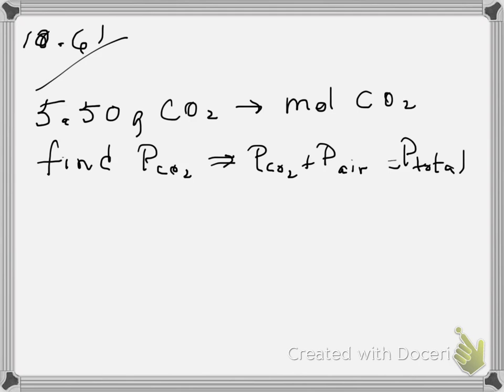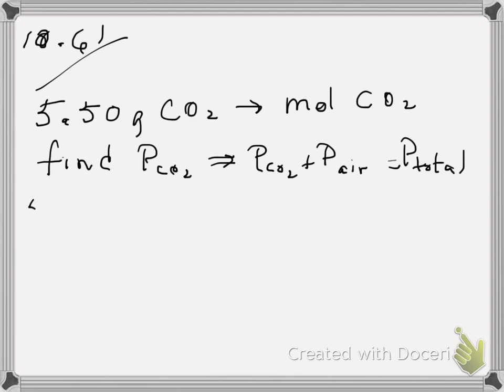So the plan here is you're going to have to change the grams of carbon dioxide to moles of carbon dioxide. And then remember that you have to find the pressure of CO2 first, and that the pressure of CO2 plus the pressure of the air is going to give us our total pressure.